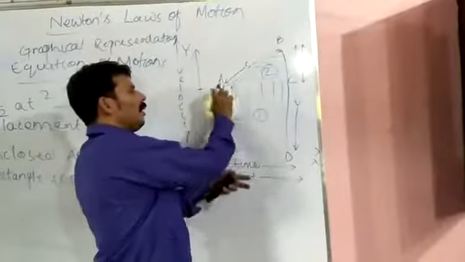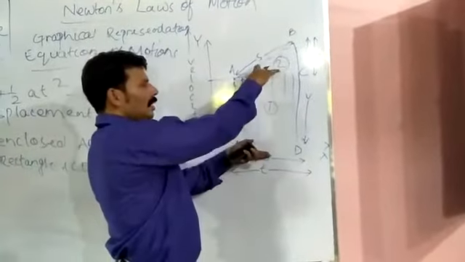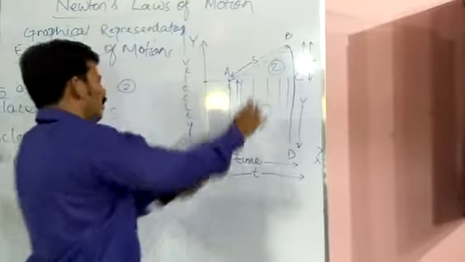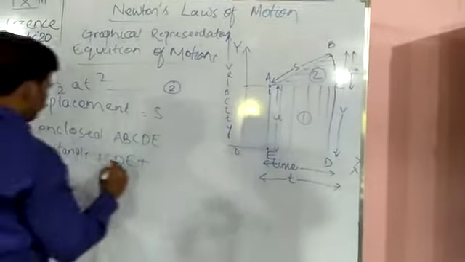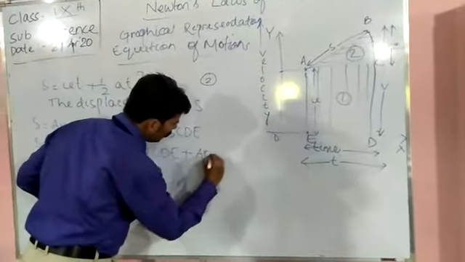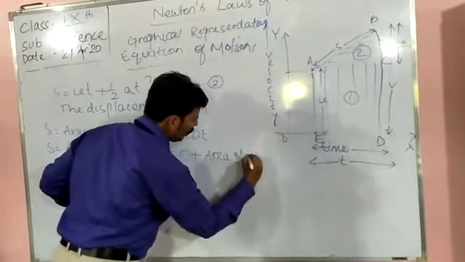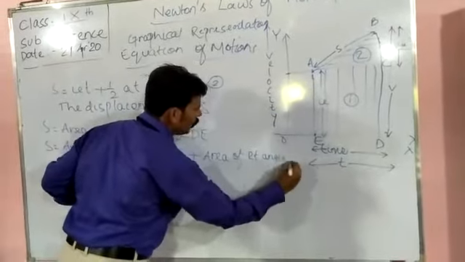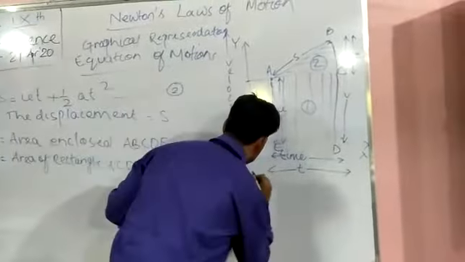The lower part ACDE is the rectangle shape, and the upper part is the shape of a triangle, that is a right angle triangle. So S is equal to the area of rectangle ACDE plus the area of right angle triangle ABC.